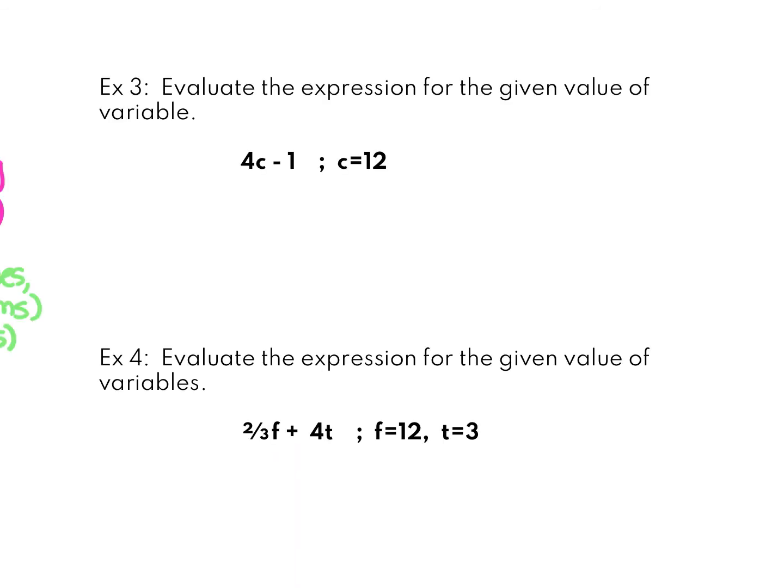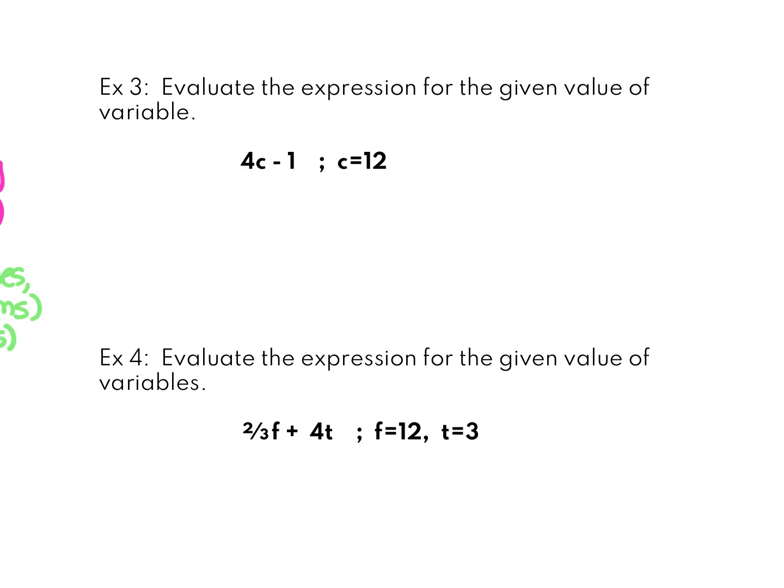Sometimes evaluating expressions will be straightforward and you won't have the scenario that we just went through. It could be as simple as example number 3, evaluate the expression for the given value of the variable. So my expression right here is 4c minus 1, and it's saying evaluate this expression when c equals 12.